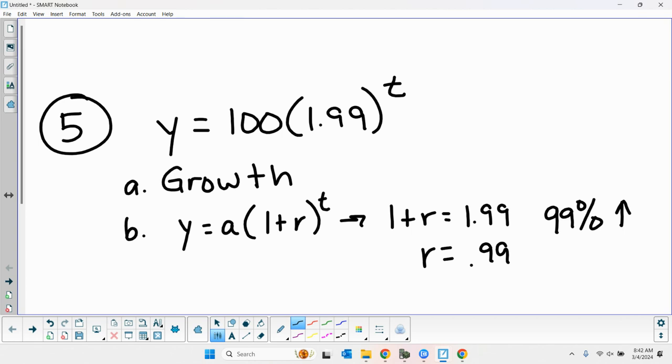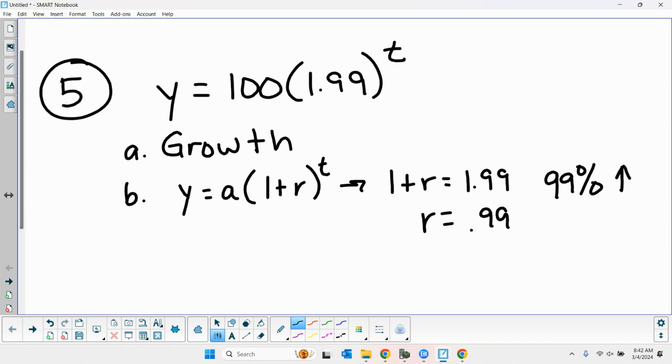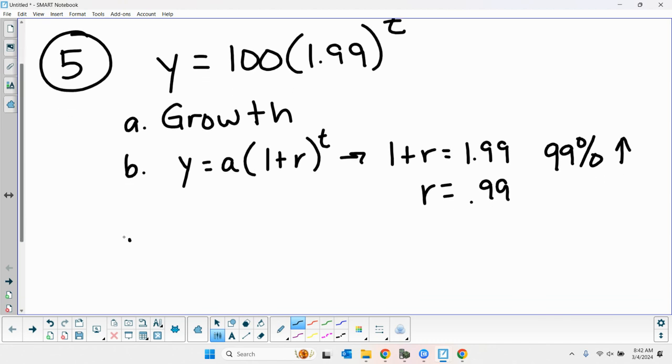Which is fine. All right, then part C, it says estimate when the number of bacteria will be 1 million. Well, remember, this was in thousands when we started, right? So this 100 we started with was 100,000, remember?